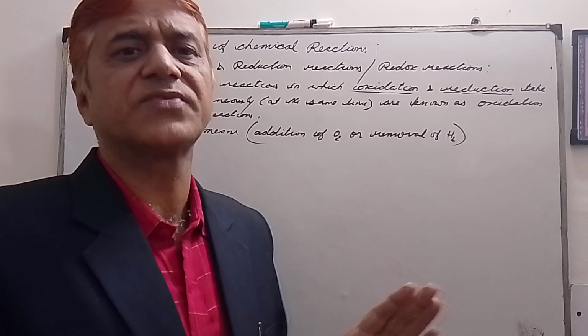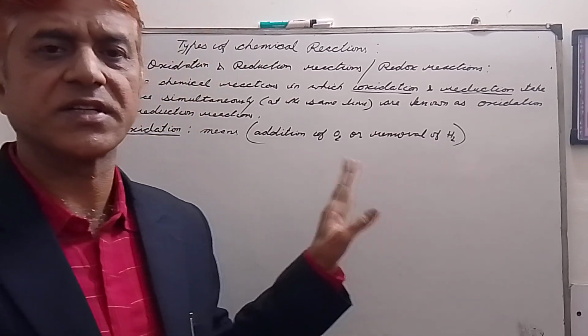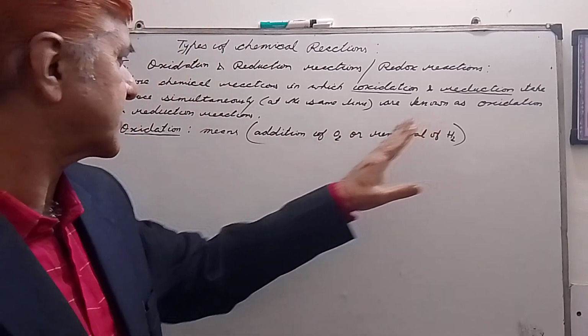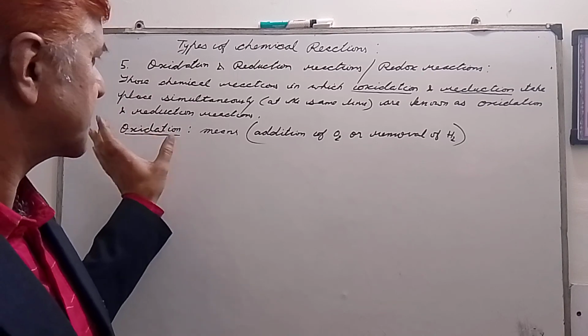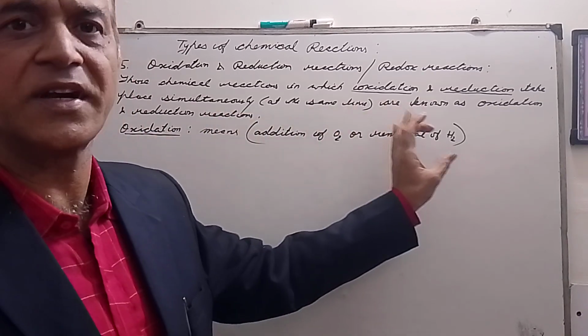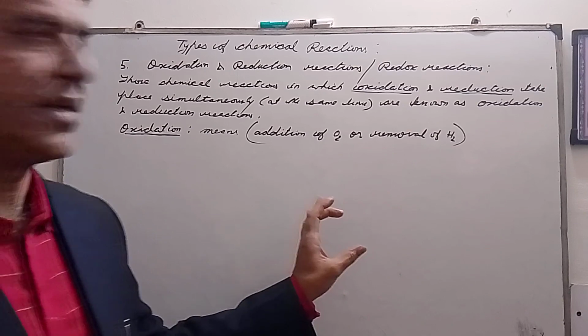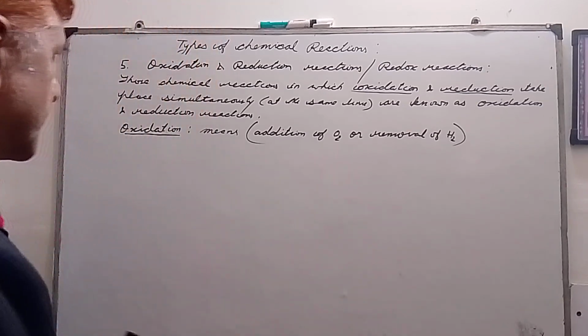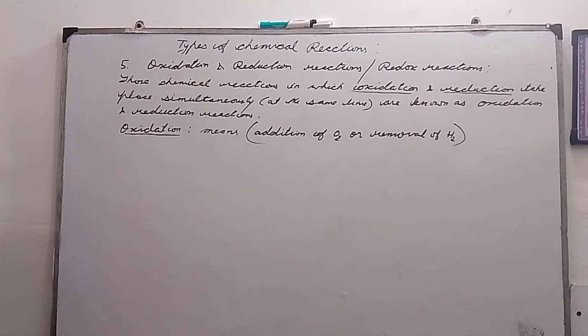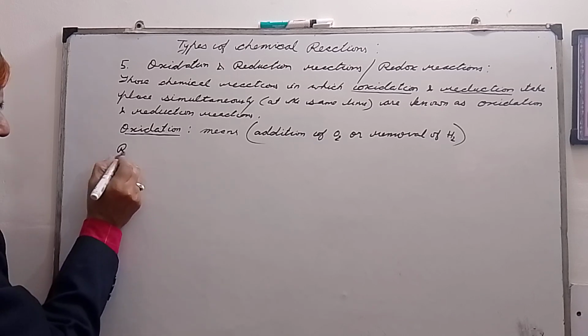So writing is very, very important in these subjects. For example, you are learning this oxidation, so write this phrase 10 times, 20 times. So this is oxidation. And what is reduction?